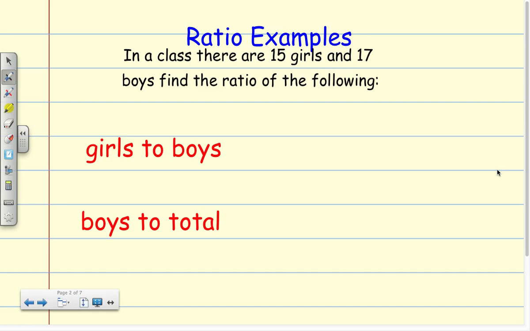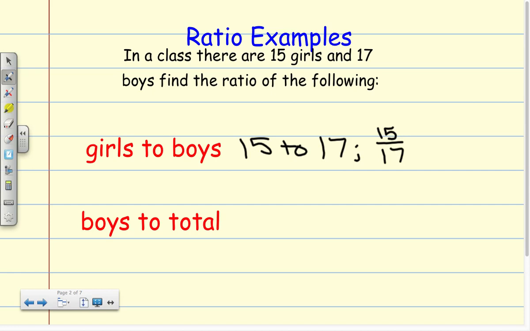So, how many girls do I have, class? 15. 15 girls to how many boys? 17. To 17 boys. So that's one way to write it. What's another way to write it, class? As a fraction. So what goes on top if I write it as a fraction? 15. Yep, so I have 15 over 17.